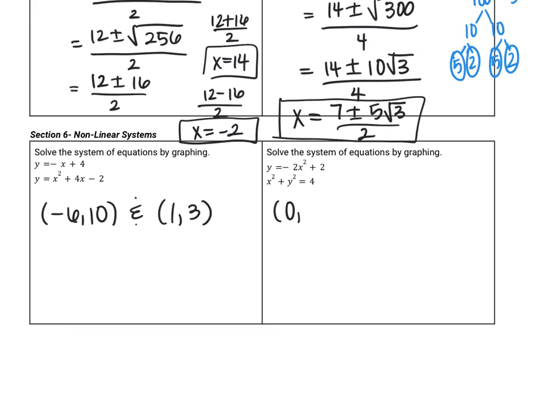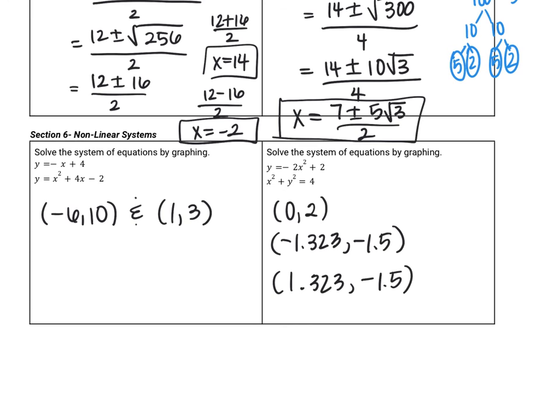So the first one is 0, 2. Then we have negative 1.323, negative 1.5, and then 1.323, comma, negative 1.5. So you can have, depending on what your two equations are, 2 solutions, 3 solutions, possibly 4 solutions. It really depends on what the equations are.